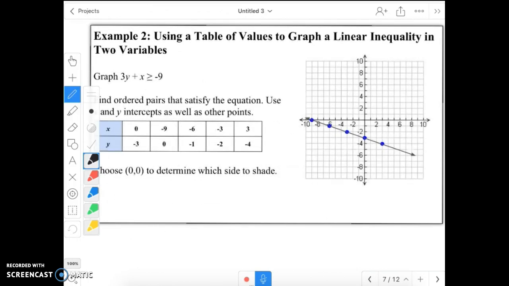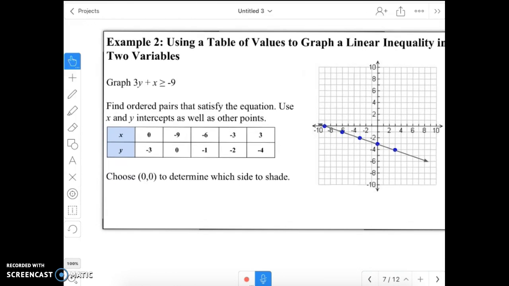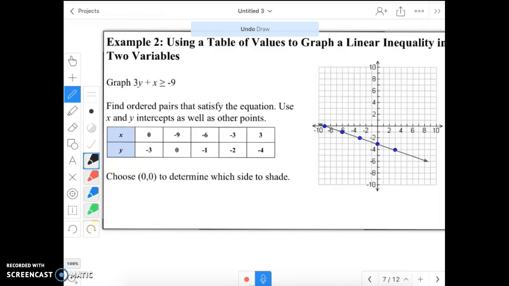So I'll show you what we mean by this. In this example, we already have a line graphed, and you can see that that is a greater than or equal to symbol. Because it's greater than or equal to, you can see they have a solid line. Now, we just have to plug in an ordered pair, so we can pick any point that we want.